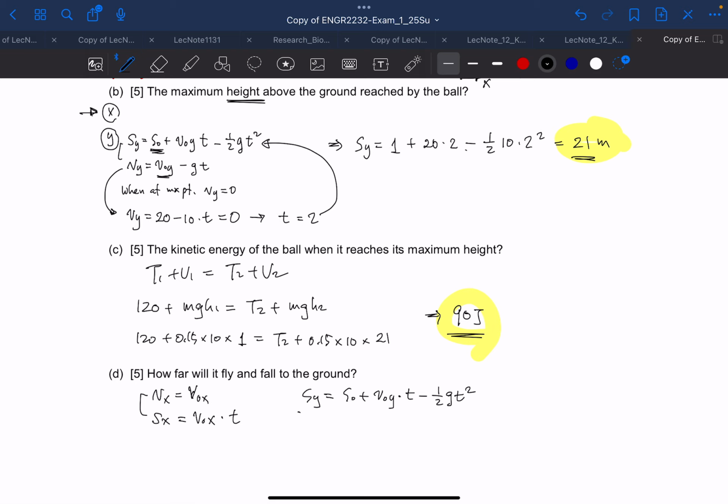So first, we'll try to use the fact that when it hits the ground, the vertical displacement is going to be 0, right? So 0 is going to be the initial displacement, which was 1, plus V0y, which was 20, right? 20 times t, that I don't know, minus 1/2 times 10 times t squared.